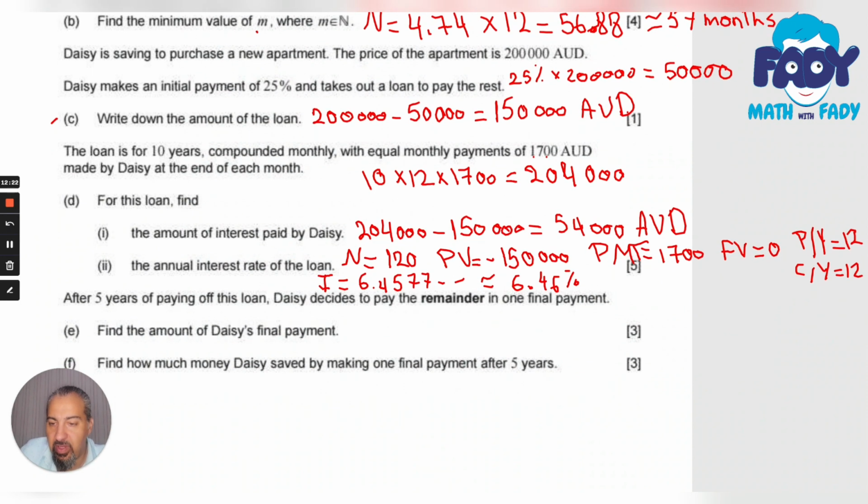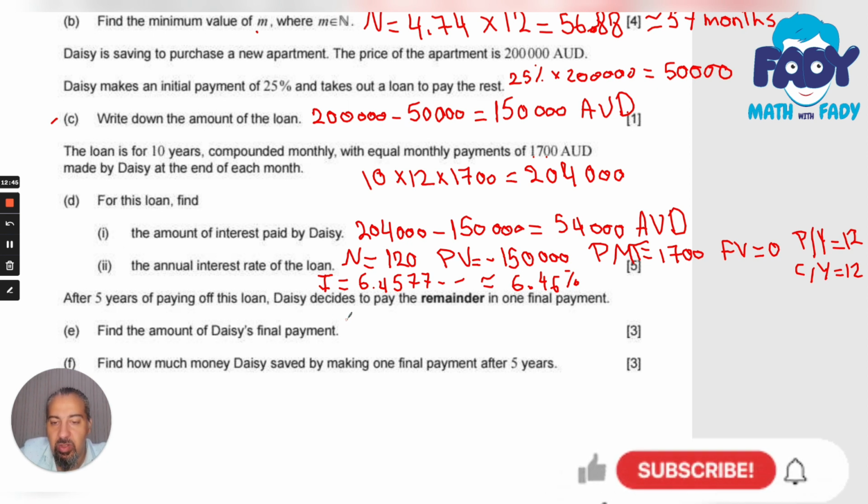After 5 years of paying off this loan, Daisy decides to pay the remainder in one final payment. Now she needs to pay the remainder after paying 5 years. Find the amount of Daisy's final payment. So again, in the calculator, we will insert N. Now, this is after 5 years.